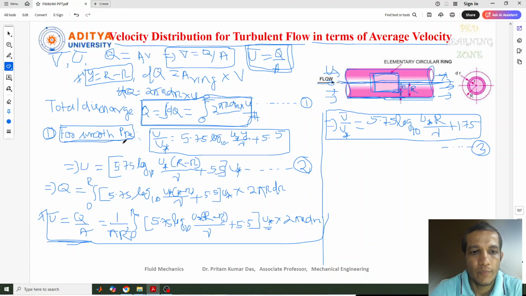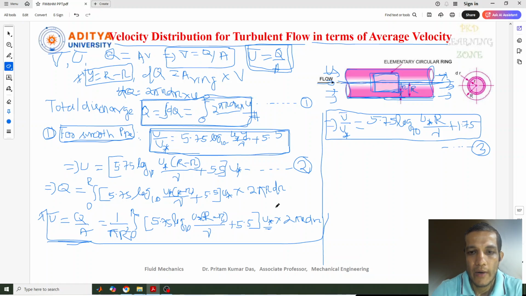For the smooth pipe, what was the equation we got previously? The equation of velocity distribution for the smooth pipe in turbulent flow. From that we took the value of u and kept it in this discharge equation. Again we got a q value, and finally we wrote the average velocity, u bar equals q by area, with the area pi r square.